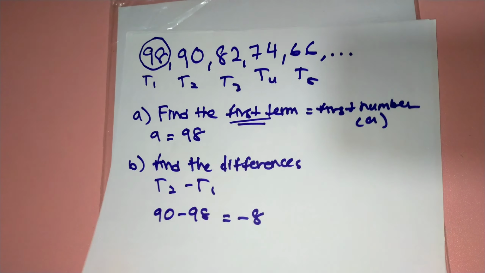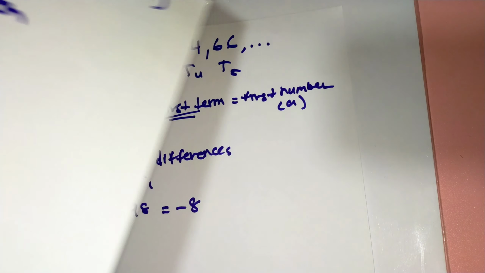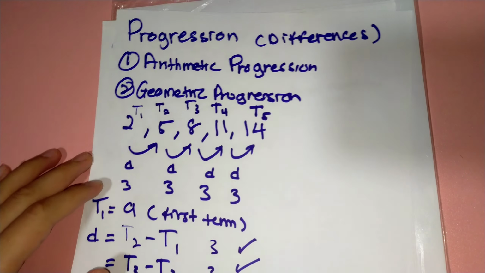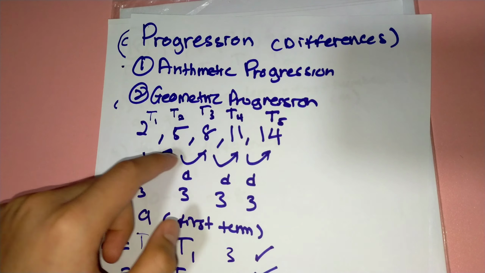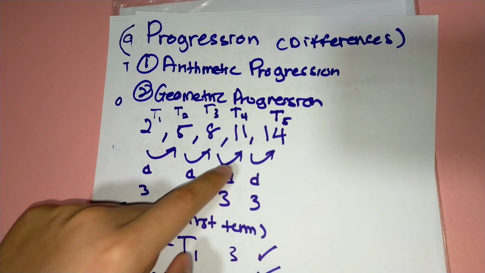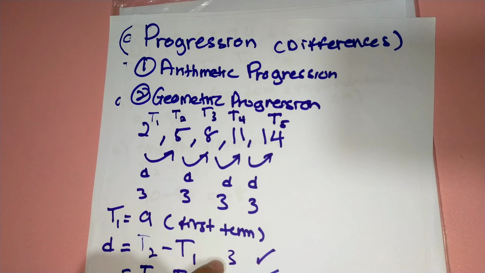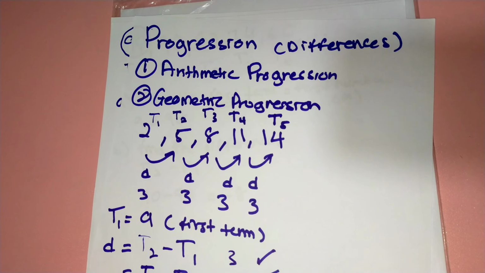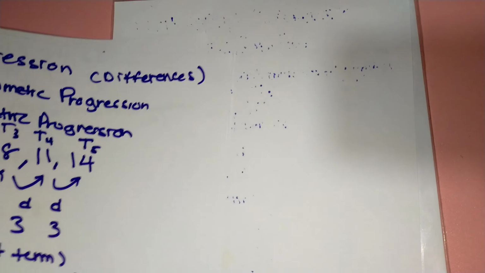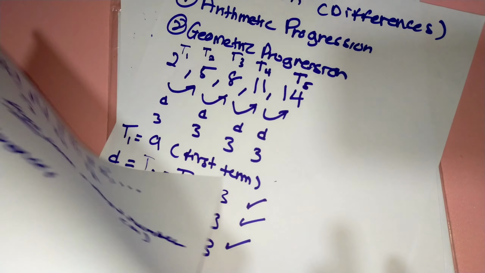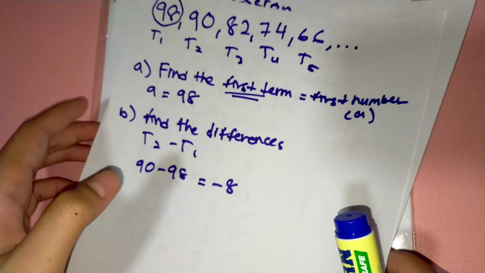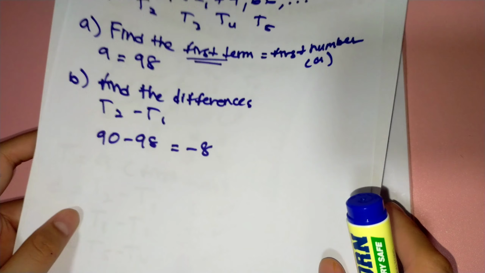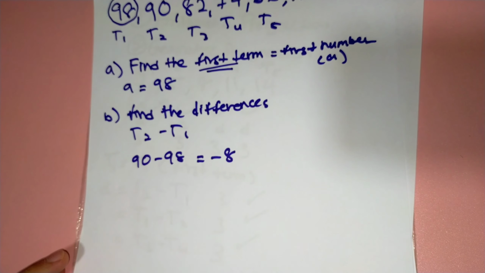But in the previous example, the numbers become bigger, so the sequence increases. So that gives us a positive value, while the decreasing sequence gives us a negative value.